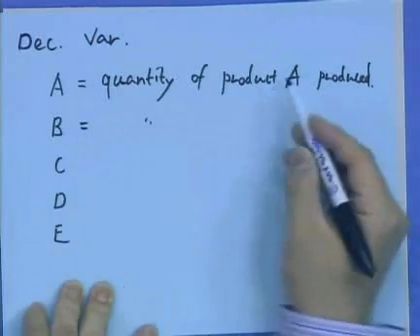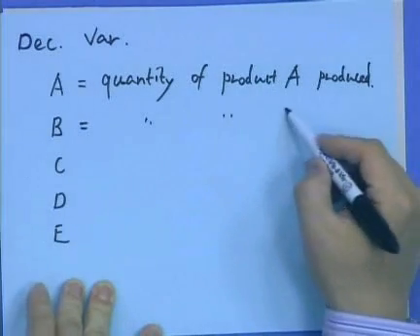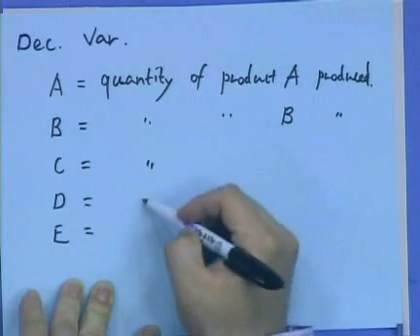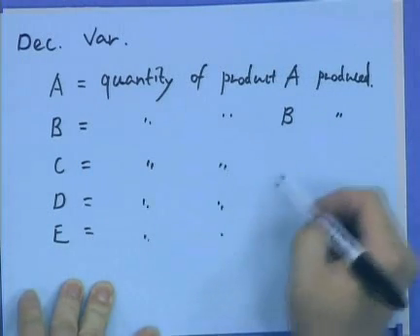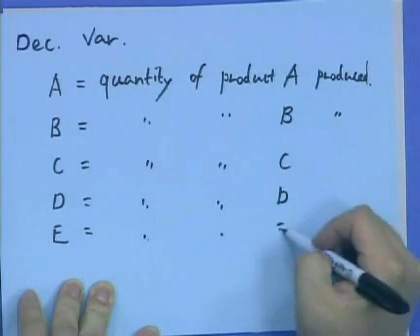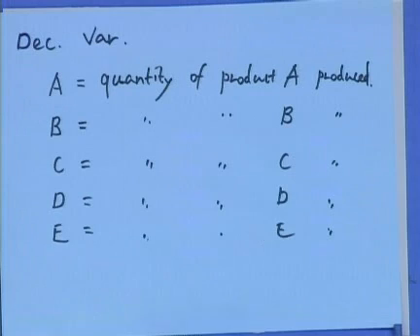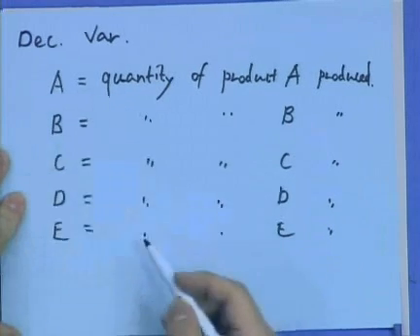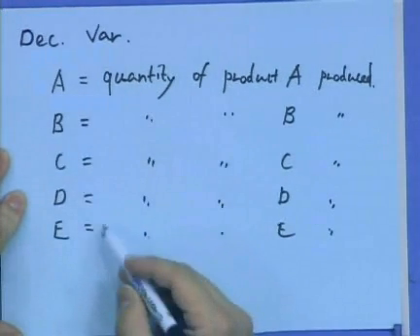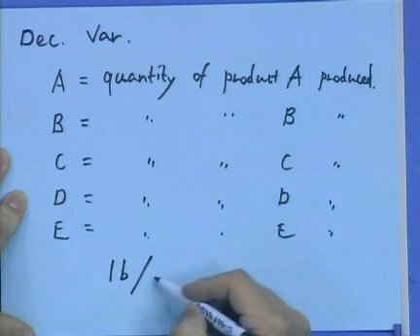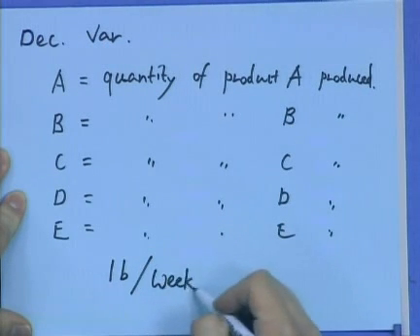And B stands for the quantity of product B to be produced, and so on: C, D, and E. And let's say the unit for each decision variable is pounds per week. Okay?